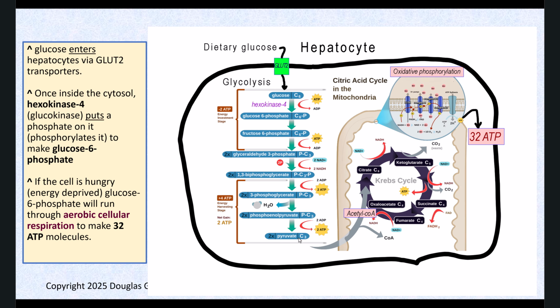Remember, the pyruvate has to move inside the mitochondria, and there it's converted to acetyl-CoA, and acetyl-CoA can combine with oxaloacetate to make citrate. I think that was on your last test, or I just remember seeing a question like that on one of my tests.